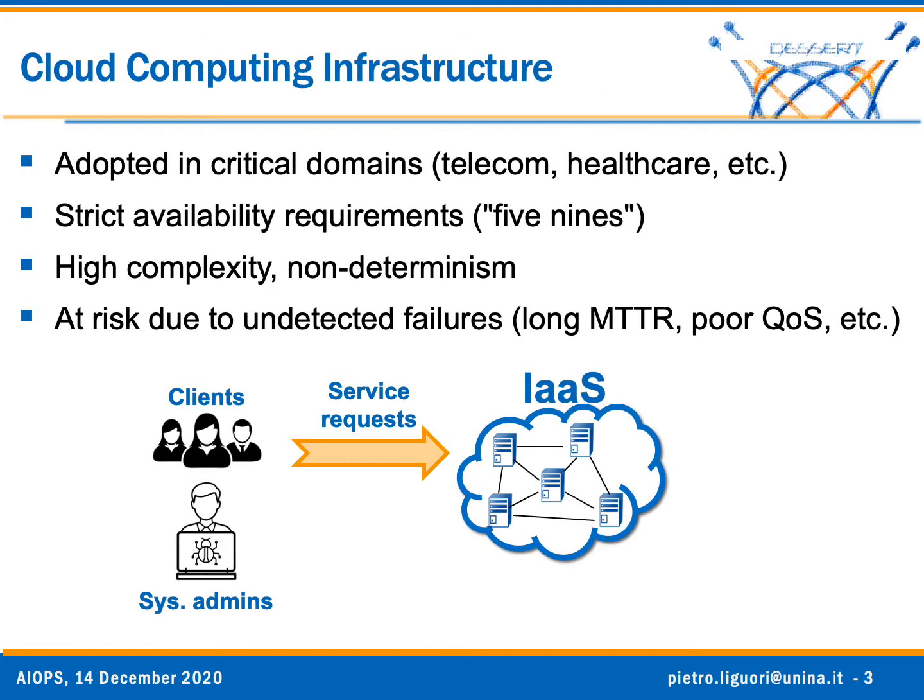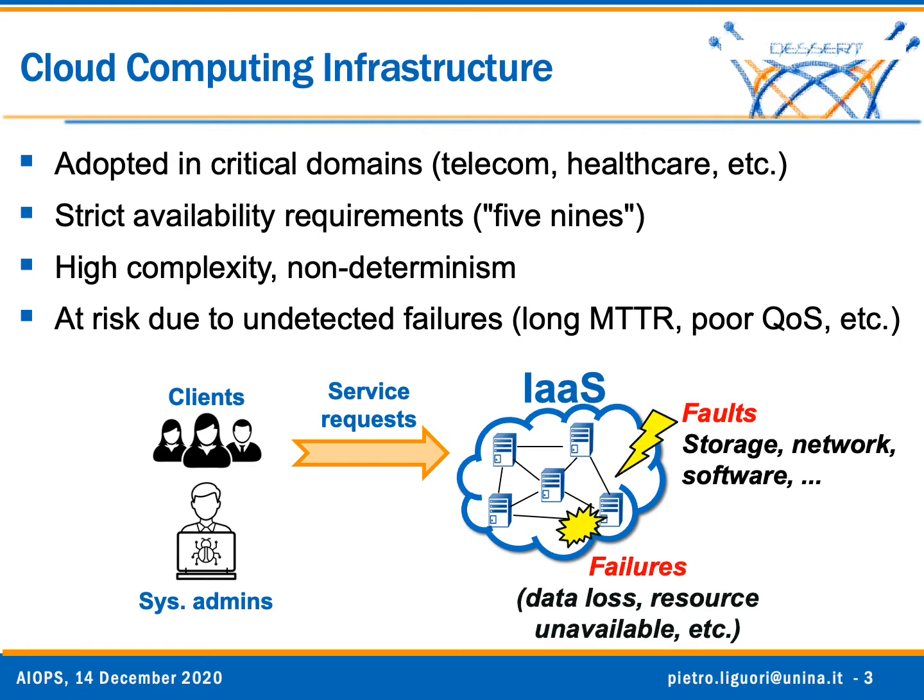Cloud computing infrastructures are adopted in critical domains such as telecommunication or healthcare, and therefore they have strict availability requirements. These systems are very complex and non-deterministic as they are distributed systems.